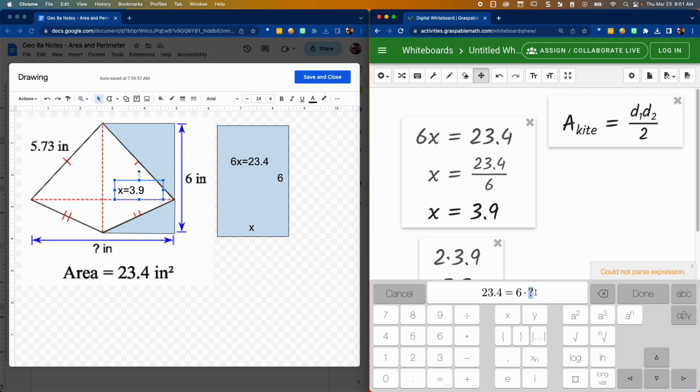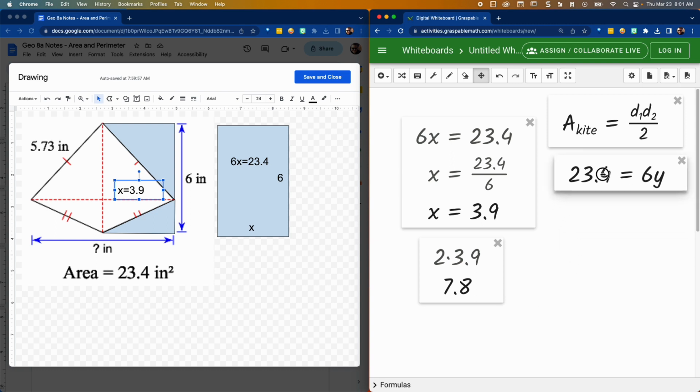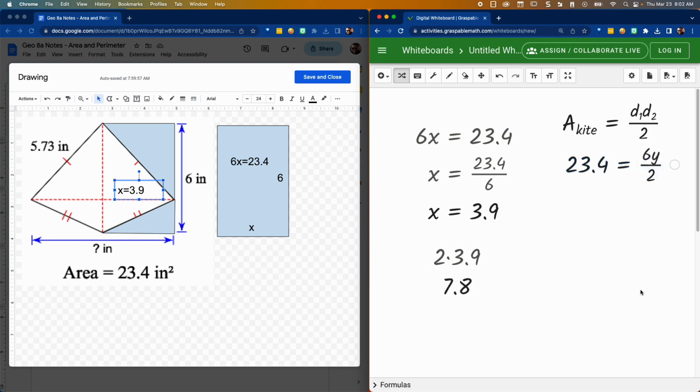Oh, it does not like the question mark, so we'll call that y. Move this up here. Oh, but I forgot something, if you notice. I need to fix a mistake. It's not just 6y, it's 6y divided by 2. Okay, so 6y divided by 2.